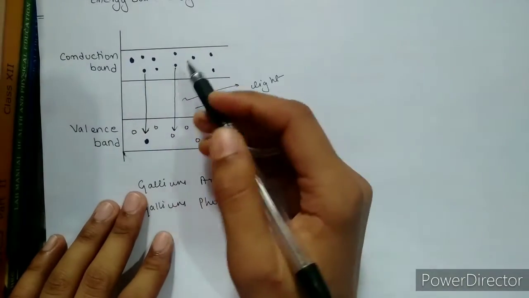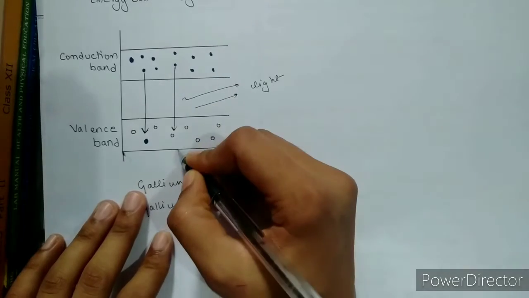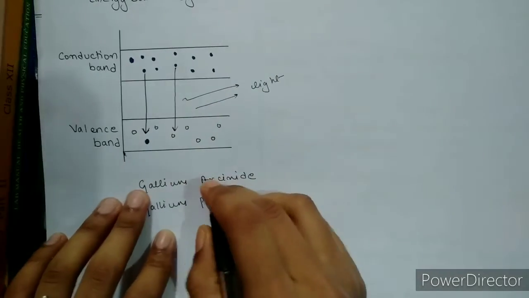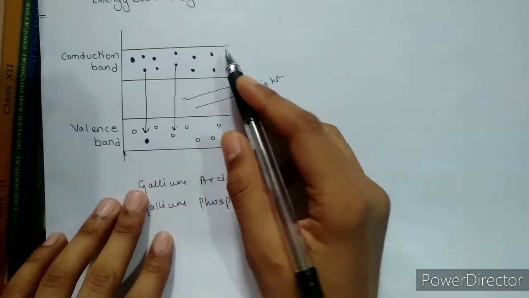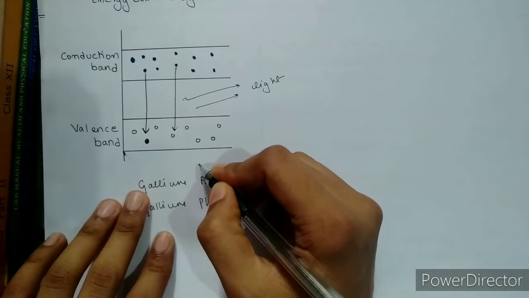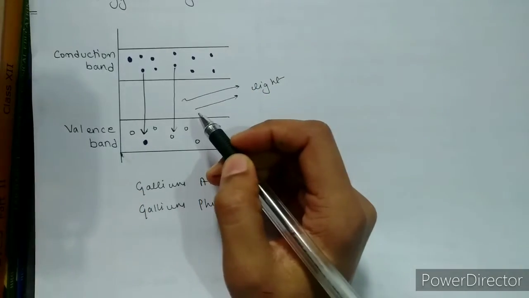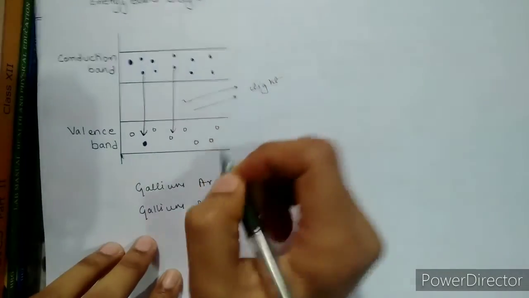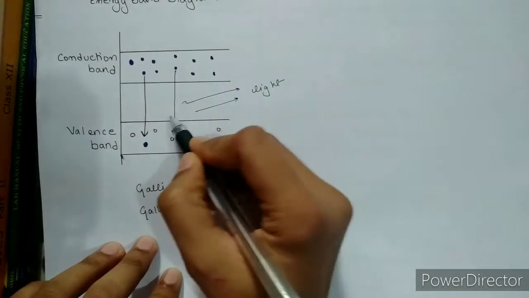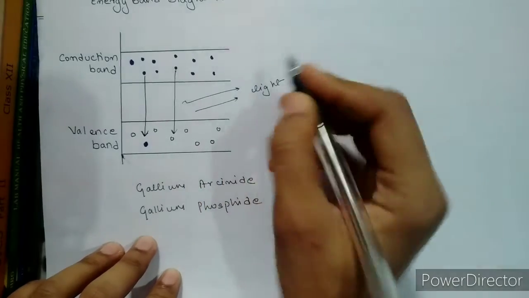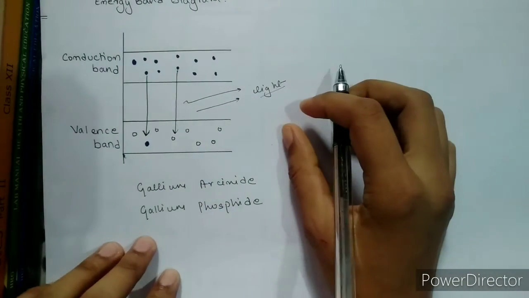So it goes from the higher energy level to the lower energy level. As we know, whenever an electron jumps from a higher energy level to a lower energy level, it releases energy in some form. In the case of an LED, it releases energy in the form of photons, or we can say in the form of light.